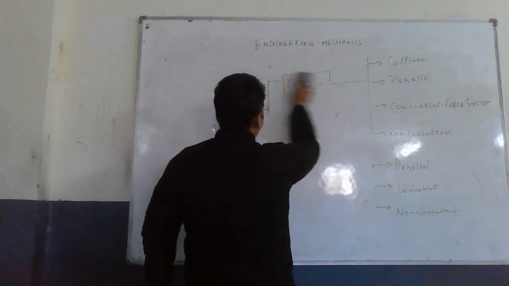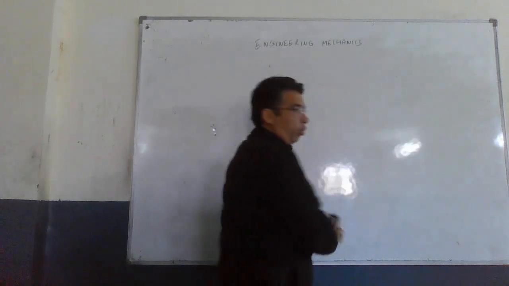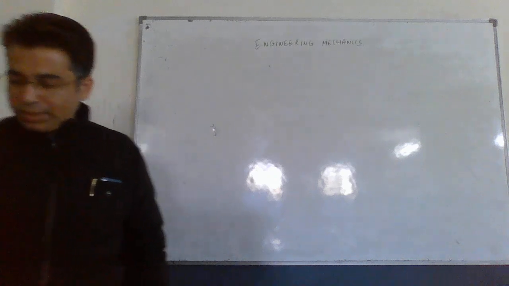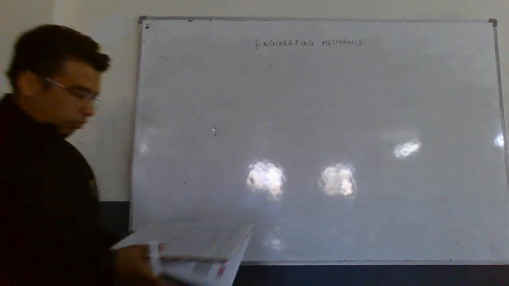जब भी आपने कोई भी फ्री बॉडी डायग्राम बनाना है या कोई टॉपिक पढ़ना है तो आपको सबसे पहले एक डायग्राम बनाना है. डायग्राम से आपकी हेल्प होगी ताकि आप टॉपिक को मोर क्लियरली समझ सको. So I will make a diagram and in this diagram I will show you different types of force systems.